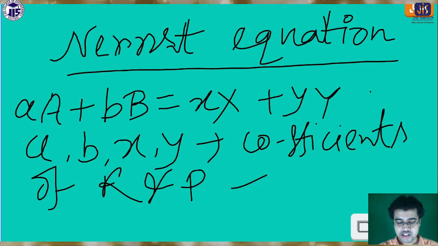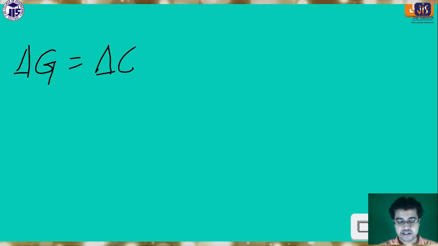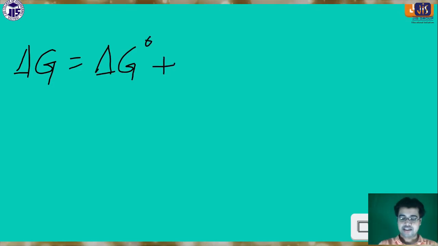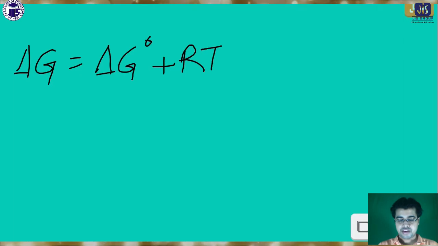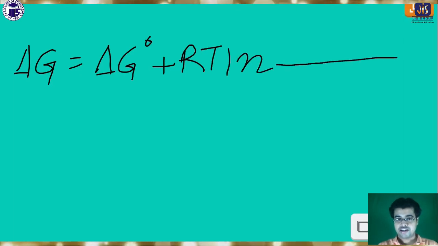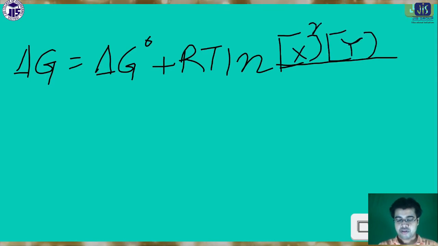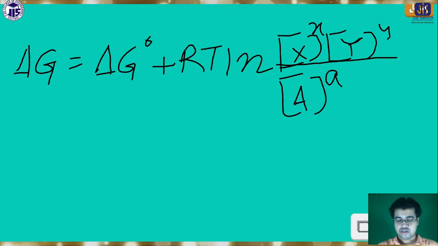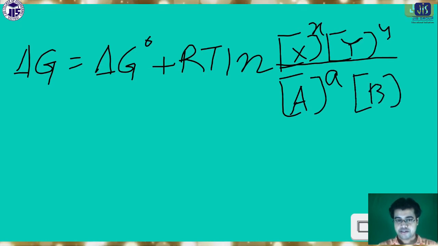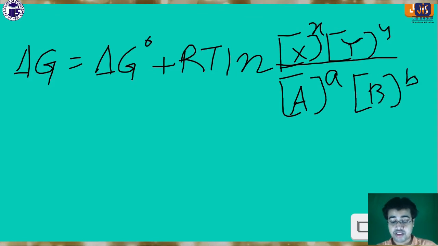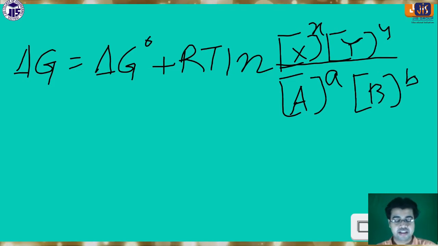We can write it this way: delta G equals delta G0 plus RT ln of the concentration of product X to the power x, concentration of product Y to the power y, over concentration of A and concentration of B. This is the equation of Gibbs free energy.